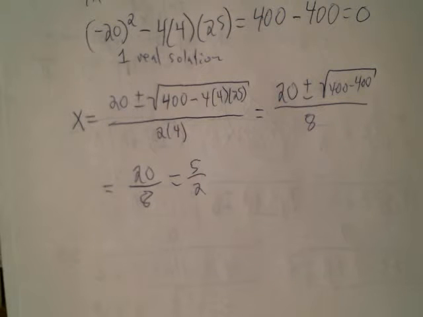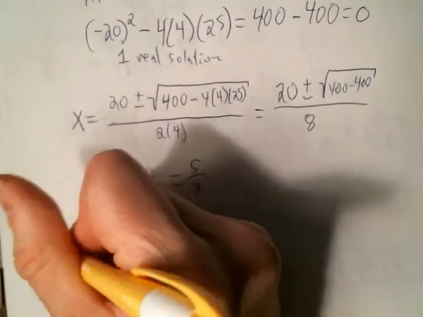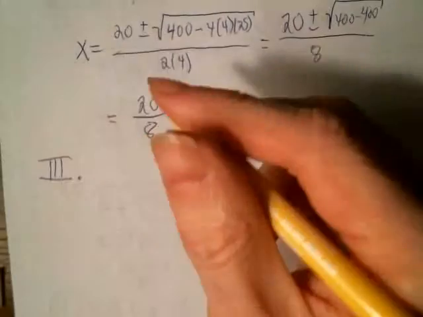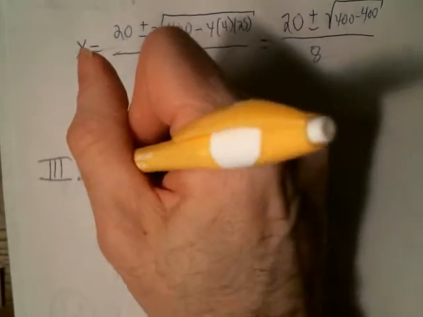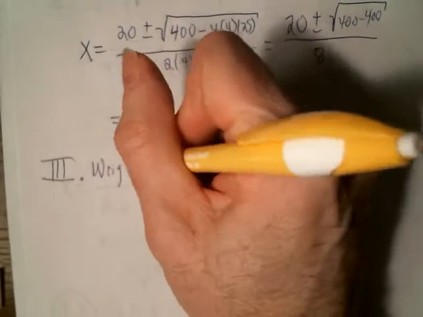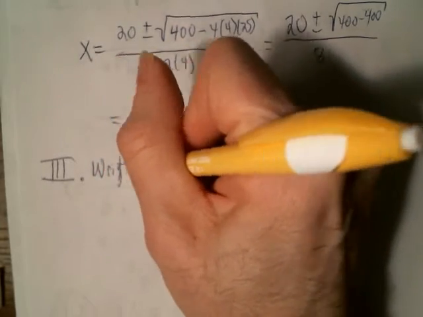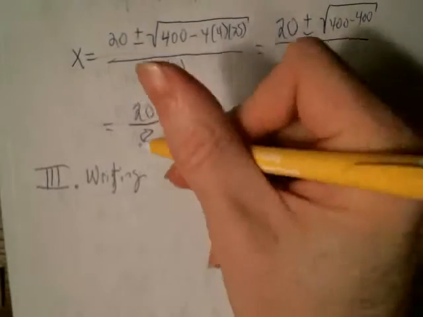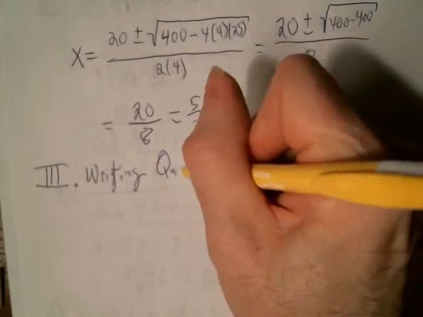Now we want to do some back engineering. What they're going to do is give you the solutions, and you want to create the original equation. Don't ask me why. It's something they are experimenting with. Writing quadratic equations from solutions.